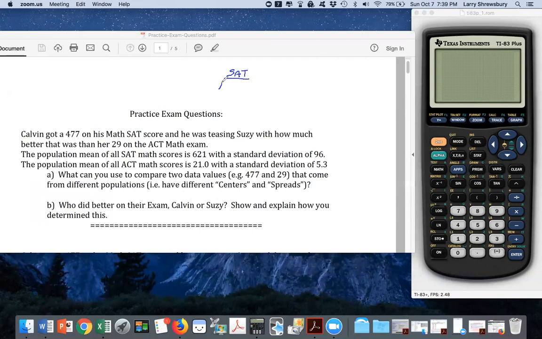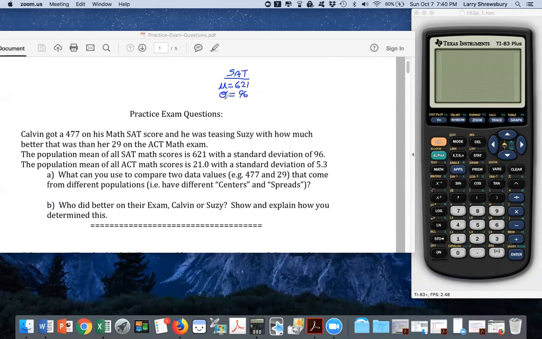The mean, using the symbol for the population mean, is 621. The population standard deviation, using that symbol, is 96. And hopefully you are memorizing what these symbols represent, because we're going to be using them this whole term.